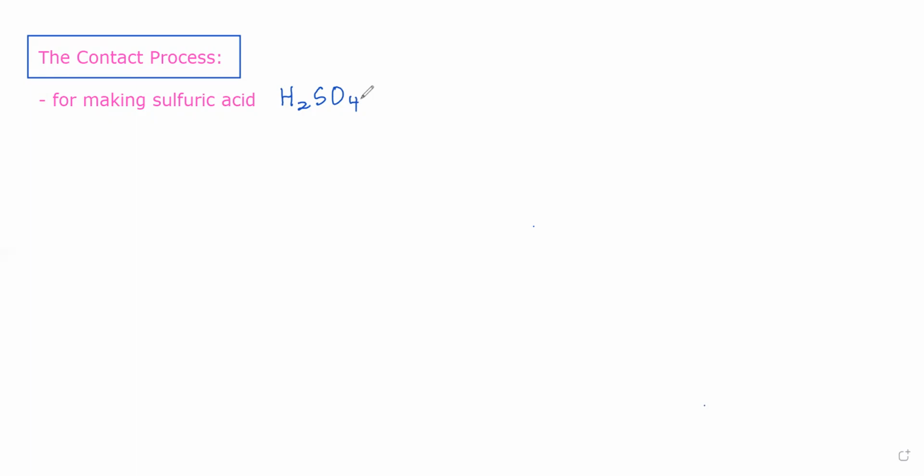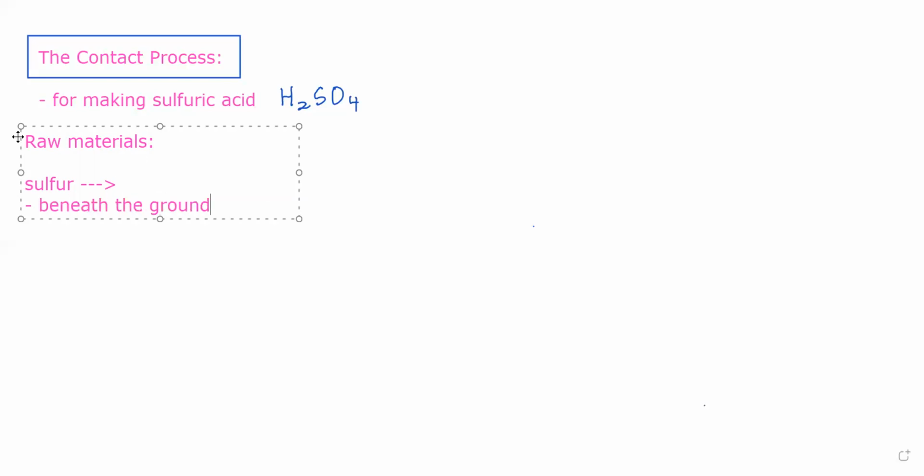Now, let's go ahead. What we are going to look at first is the raw materials. So let me put up here the raw materials that we would be needing. We will need sulfur, and where will we be getting it from? We will be getting it from beneath the ground. We will also take it from sulfide ores.